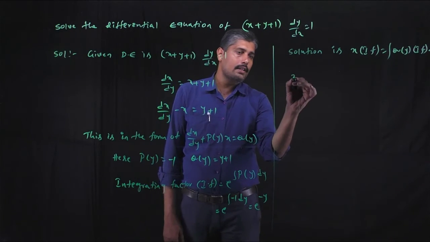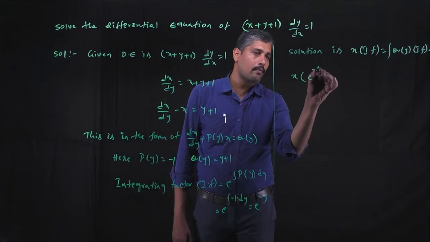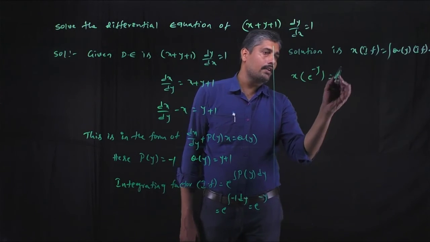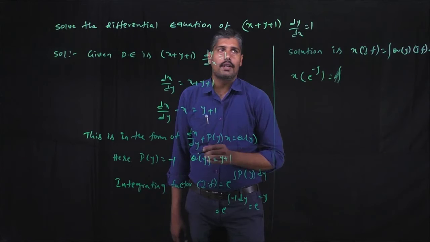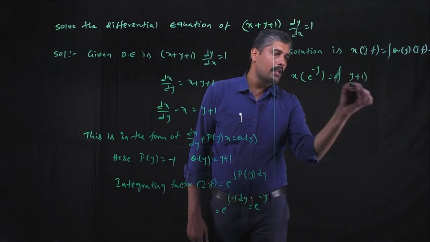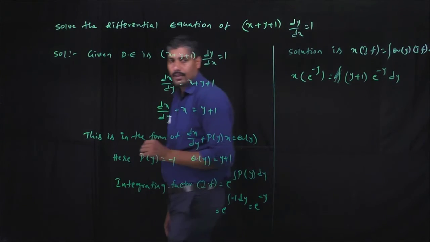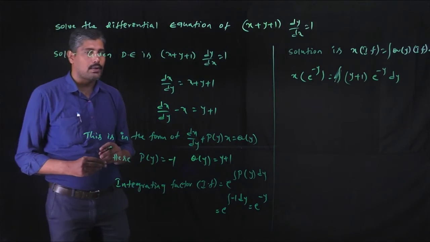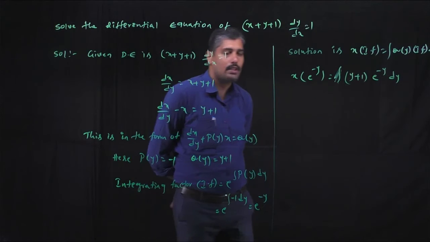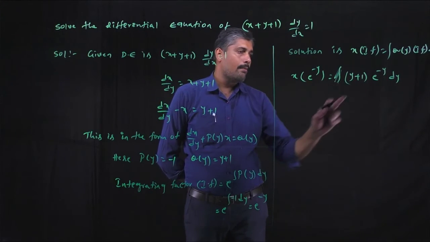That is x into e power minus y equal to integral, q of y equal to y plus 1 into e power minus y dy. Okay, x into e power minus y equal to integral y plus 1 into e power minus y. How to solve this one? Y plus 1 into e power minus y dy by using by parts.